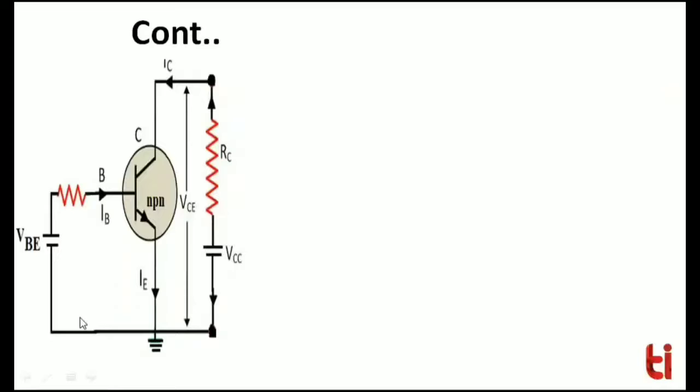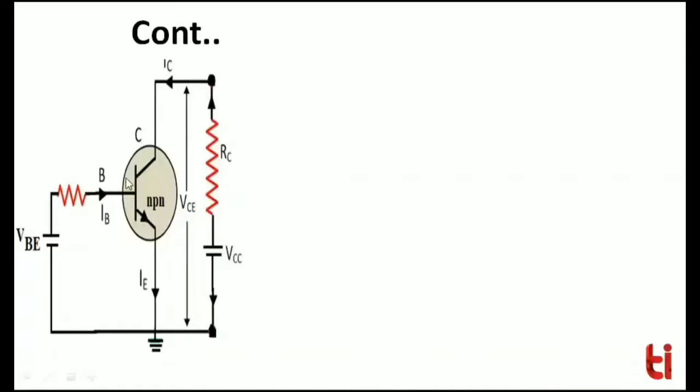In this circuit, the input DC voltage, which is VBE, is applied between base and emitter, and the total DC output voltage, which is VCE, is taken between collector and ground. Actually, this is the voltage between collector to emitter, and emitter is connected to ground.